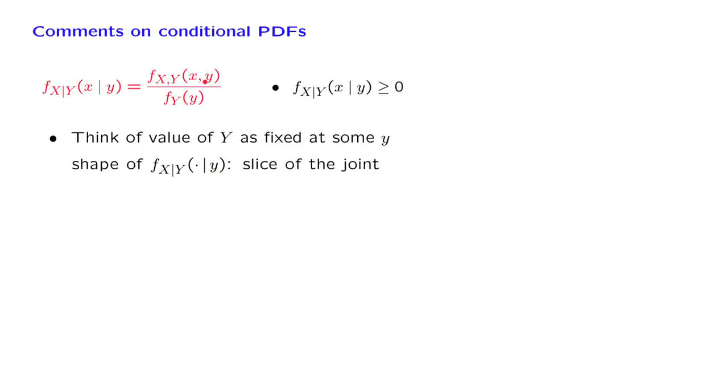Indeed, if you fix the value of little y, then the denominator in this definition is a constant, and we have a function that varies with x the same way that the joint PDF varies with x.